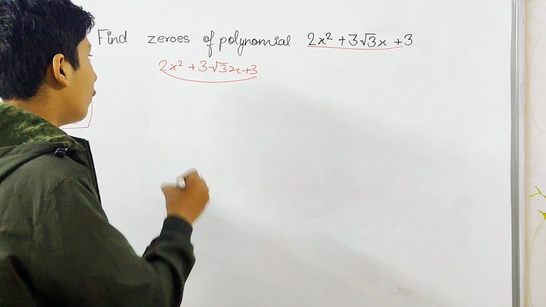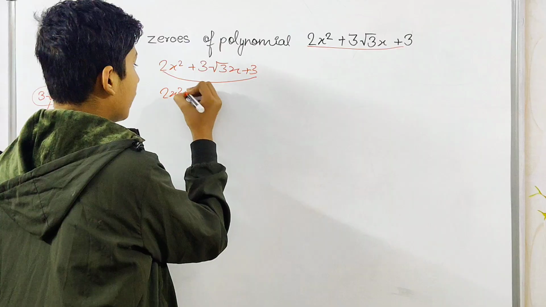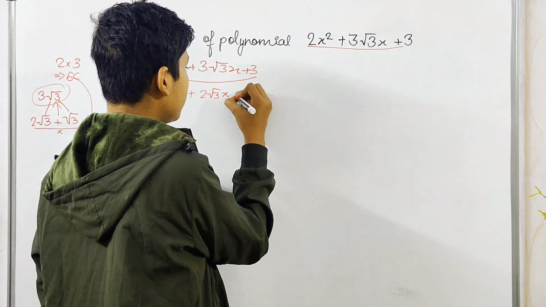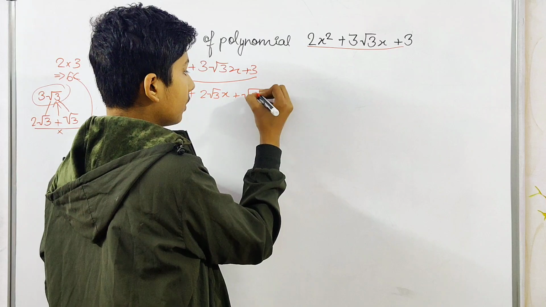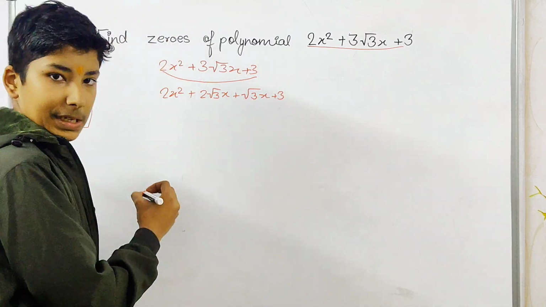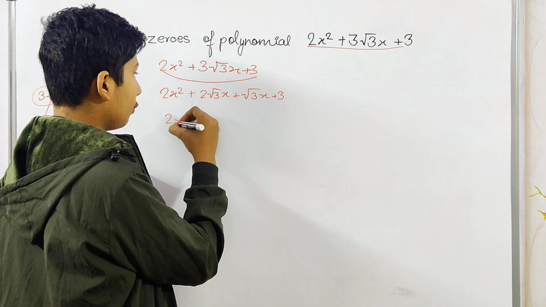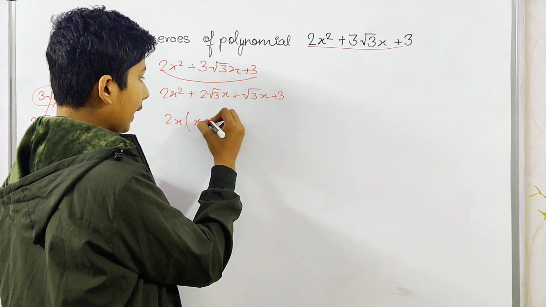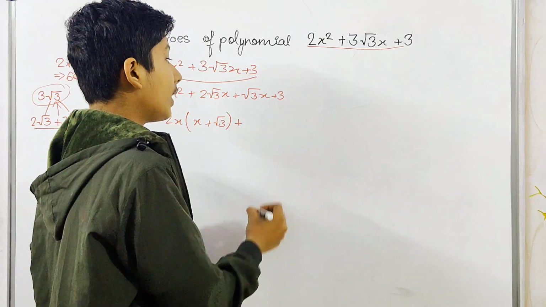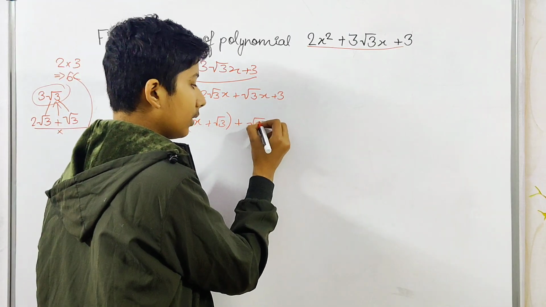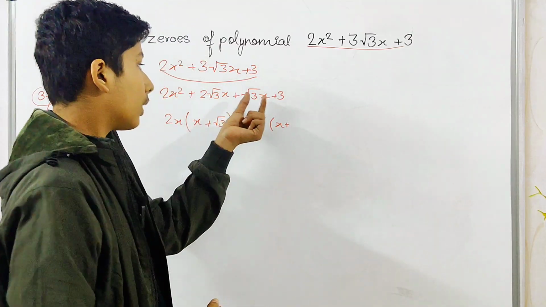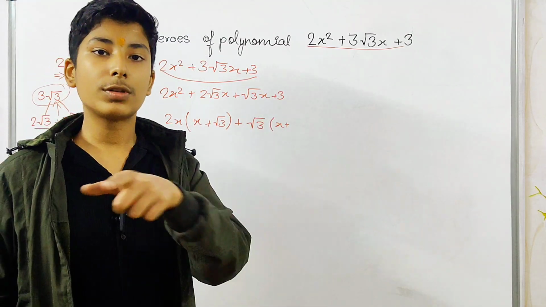Okay. So now what do we do? 2x square plus 2 root 3x plus root 3x plus 3. Now from here, we can take 2x common. So it would be x plus root 3. And now over here, we can take root 3 common. So it would be x plus, now see, 3 can be written as root 3 times root 3.